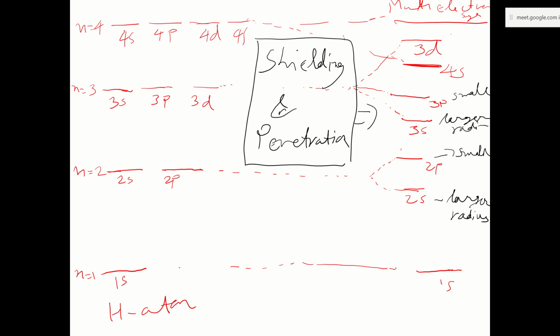The outer electron goes inside the inner shells, and that is penetration. It is cutting through the layers, penetrating through the layers of electrons, inner core electrons, first shell, second shell, and then it reaches near the nucleus. So if we treat an electron as an outer electron, then we talk about penetration. And when the same orbital acts as a shield for an outer one, we talk about shielding. So when we talk about shielding, it is a property of inner core orbitals, inner core electrons. Two things you must understand, otherwise you will always be confused.